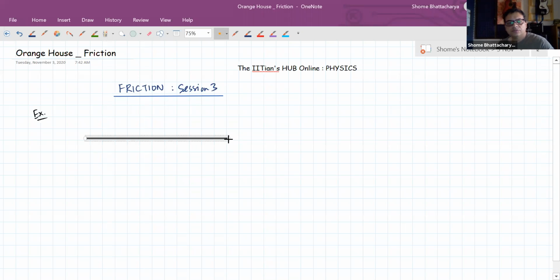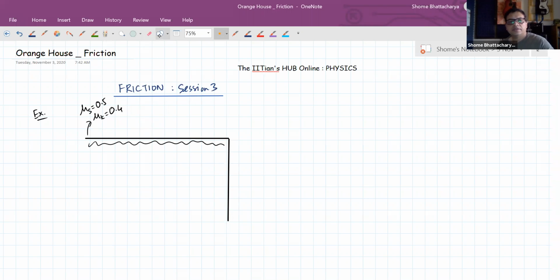So we have this kind of a rough surface which has static friction coefficient of 0.5 and kinetic friction coefficient of 0.4, let us say.